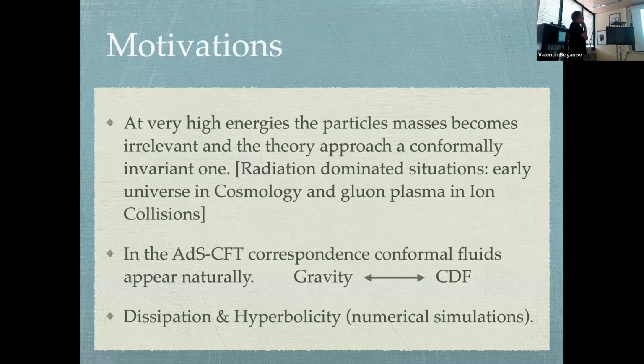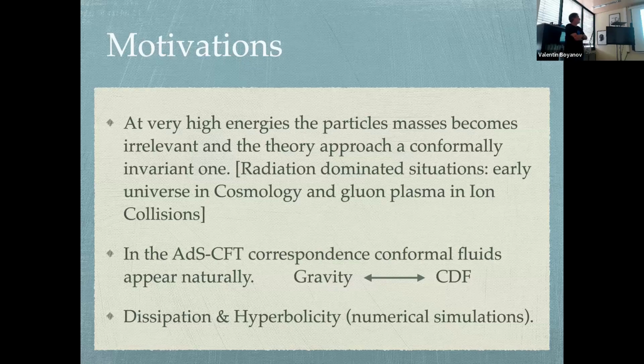So why look at the conformal class? Well, this is interesting because at very high temperatures, the particle masses are almost zero compared with the energy of the particles, so we can treat them as massless, and then they are conformally invariant. There's no more length scale.